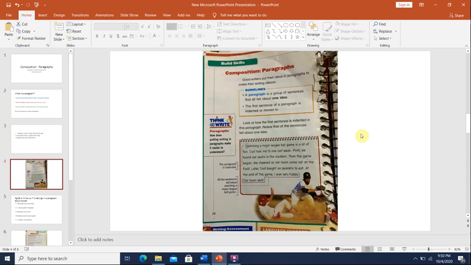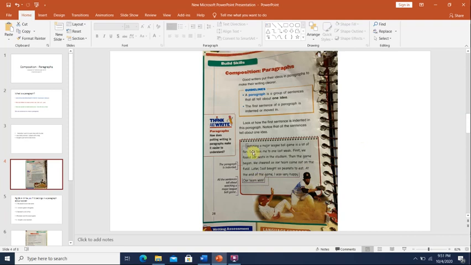Our team won. Okay, so here the writer is telling us about going to a ball game, a ball match. As you see, if you don't know, this sport is called baseball. So this person went to watch a baseball game between two teams. Okay, what else did this person mention?